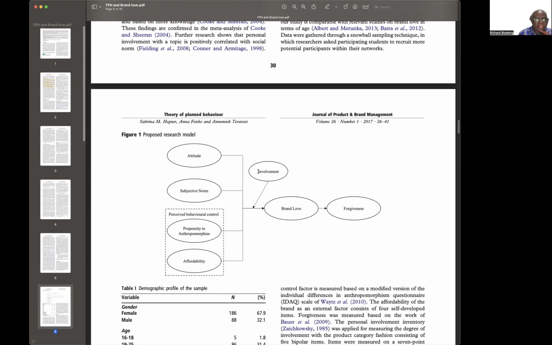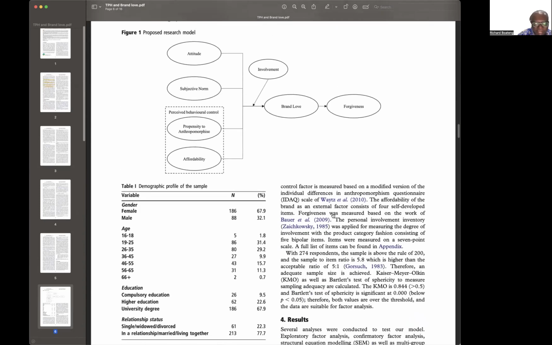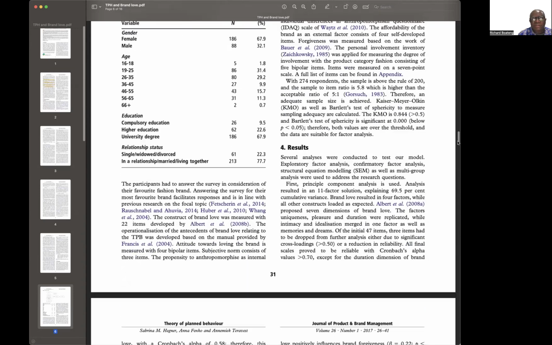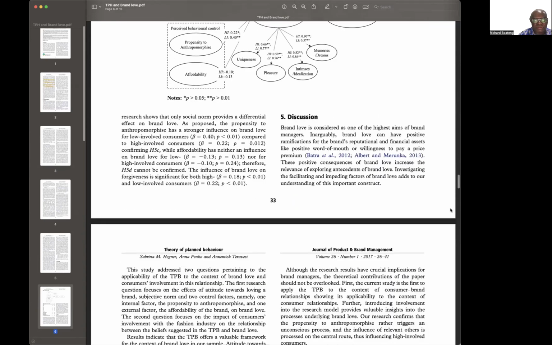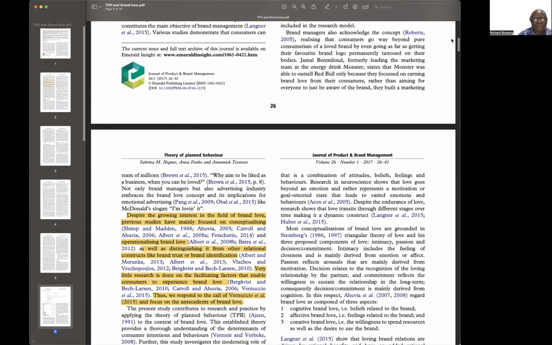In effect, you have attitude, subjective norm, propensity, and perceived behavioral control, then brand love and brand forgiveness, and then the involvement variable within the model. The person goes to collect data and then analyzes the data. I don't want to get into the details, but I'm just trying to point out how a model can be conceptualized.